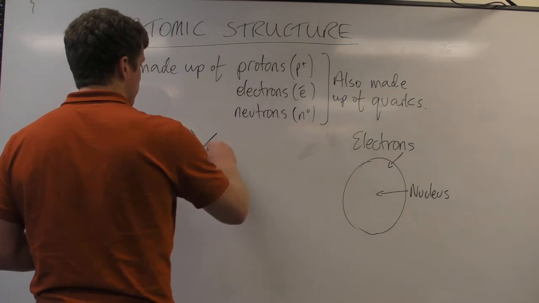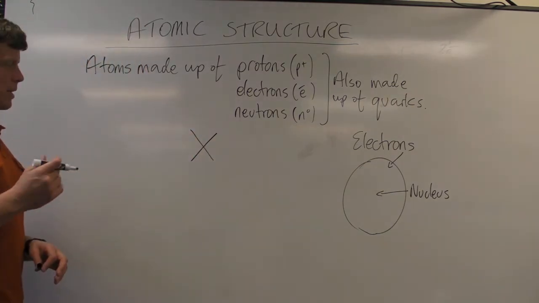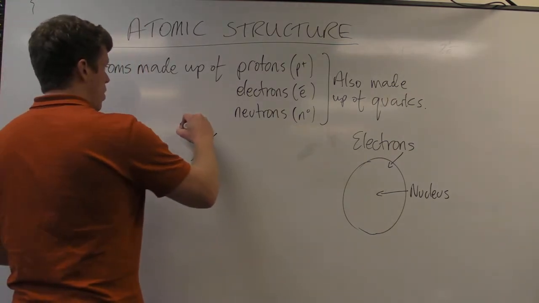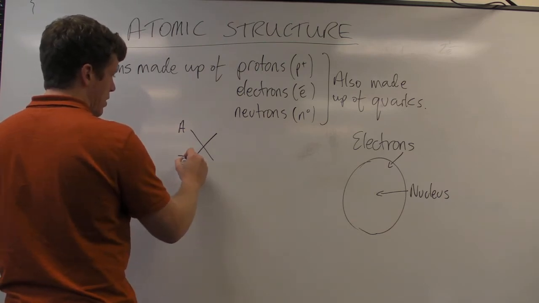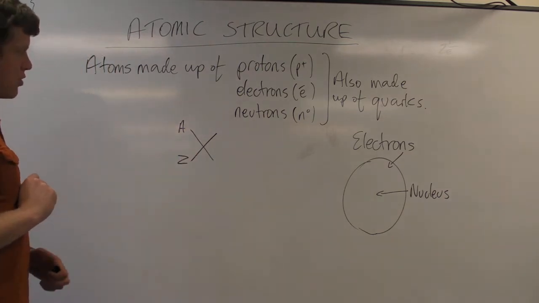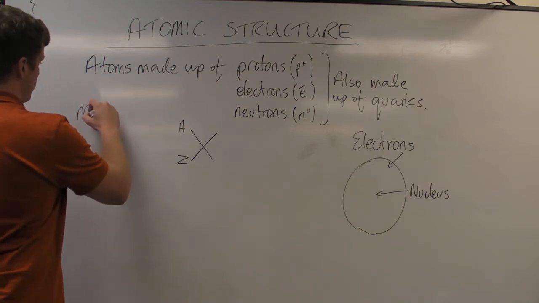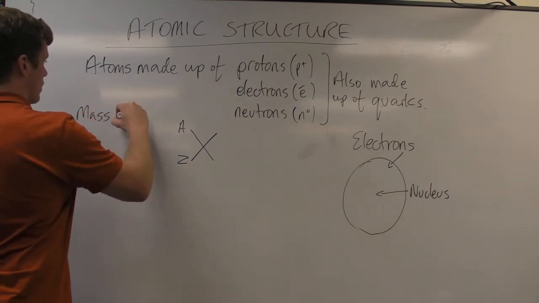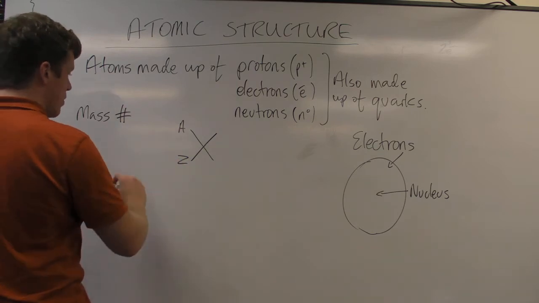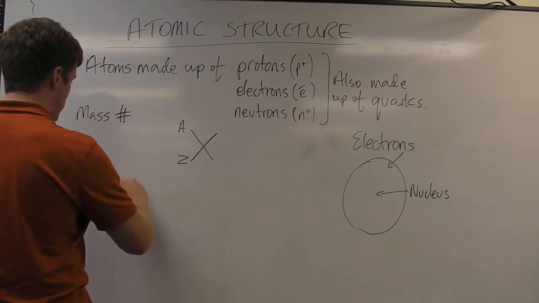So let's say that this is an element, it's called element X. On most periodic tables, you see this notation. The A stands for mass number, and the Z would stand for atomic number.